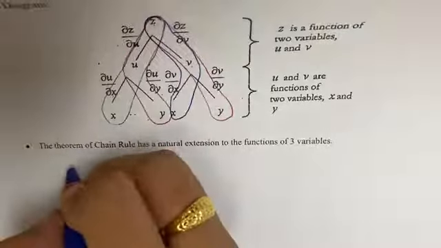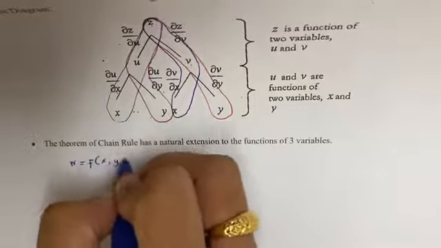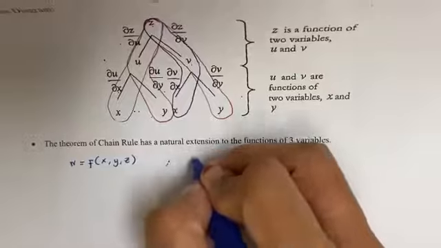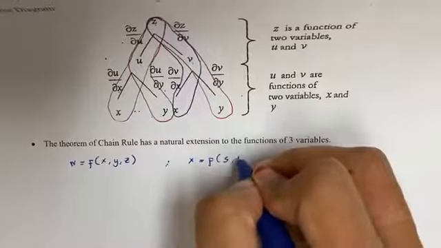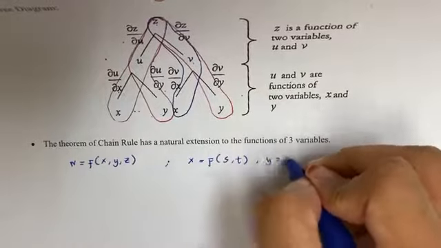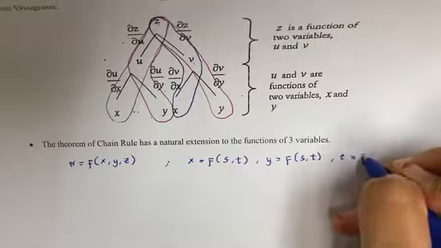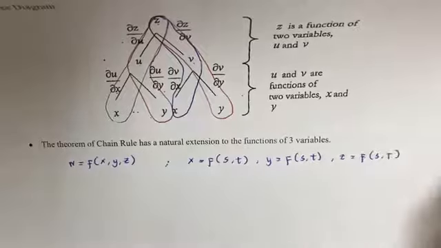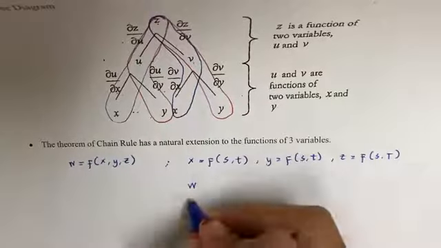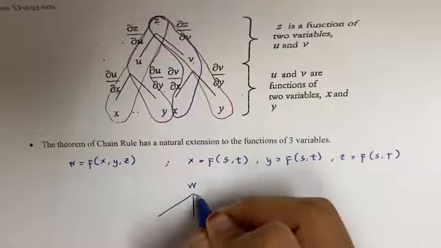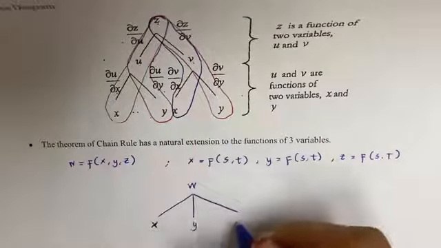For example, w is a function of x, y, and z, where x is a function of s and t, y is also a function of s and t, and z is a function of s and t. So for your chain rule, you start with w, and w is a function of x, y, and z, so you have x, y, and z here.